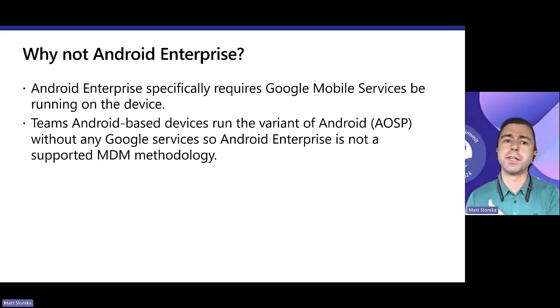There are also a couple of other devices, some RealWear kit and a couple of other base pieces of hardware that don't have Google Mobile Services on them, that you can use AOSP device management with. Teams devices will be one of those categories as we move forward. So again, Android Enterprise isn't supported because we don't have the Google services on the devices, because the devices are purpose-built, and there's really no need for a Google Play Store when nobody's downloading apps on the devices.